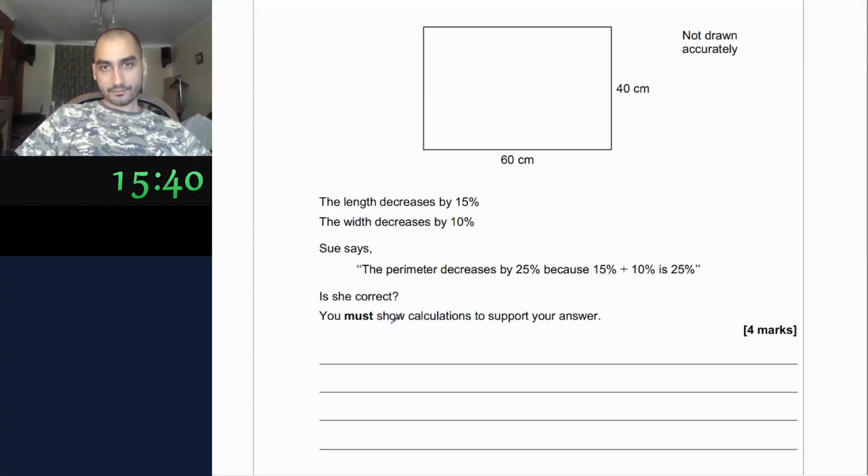So perimeter equals 2 times 60 plus 2 times 40 equals 200.